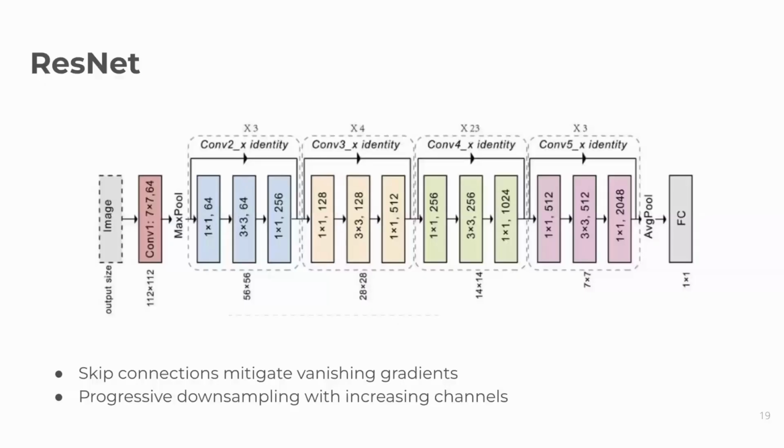When you do backpropagation and go back through deeper layers, some values may diminish and you end up with vanishing gradients.